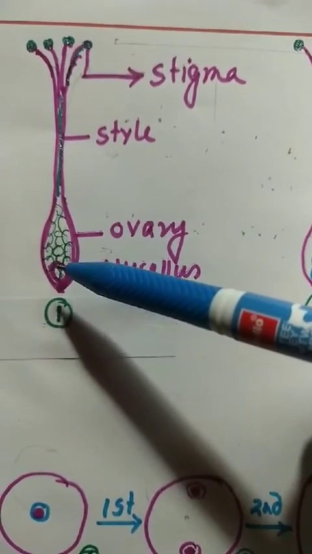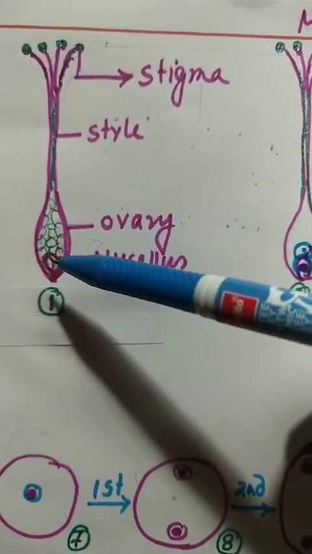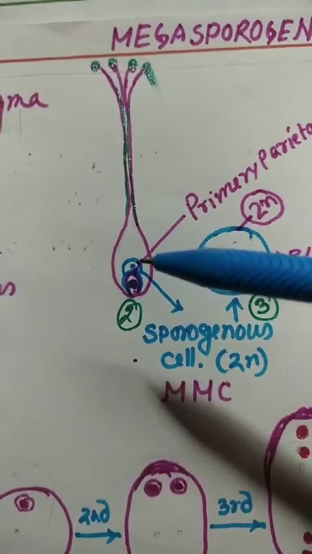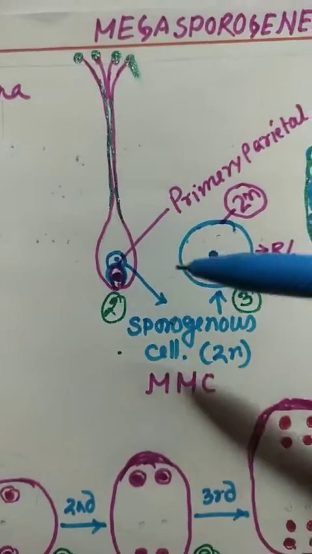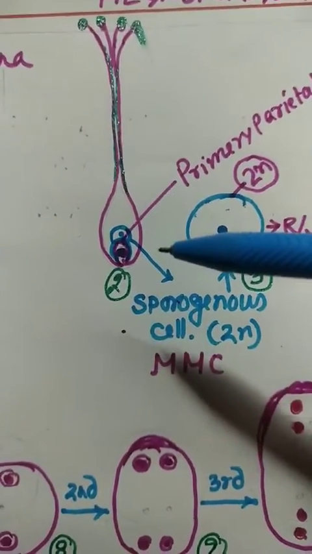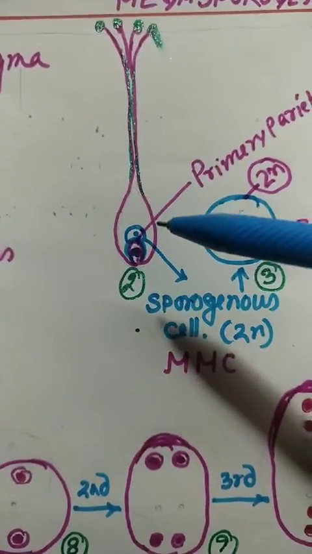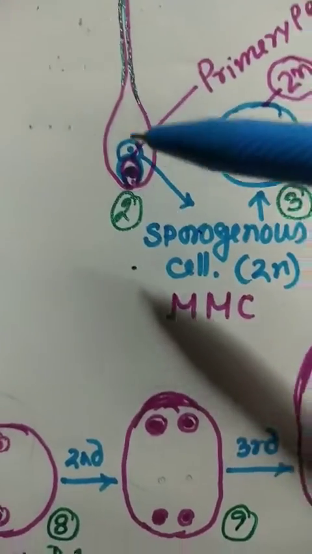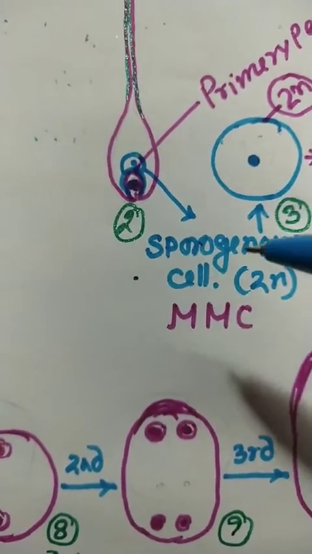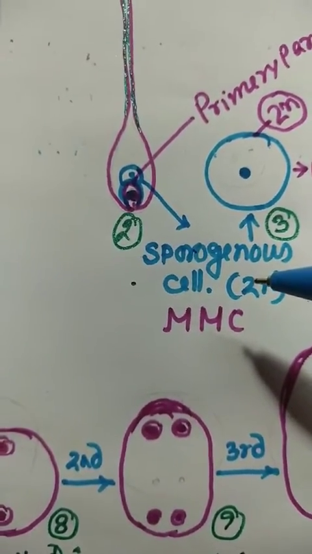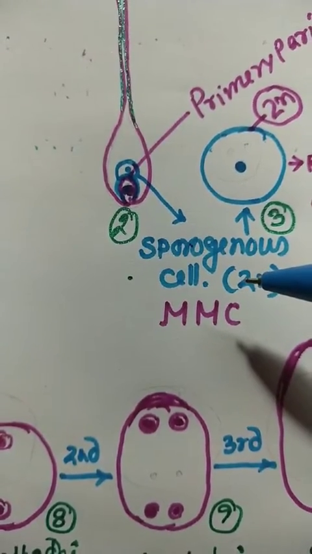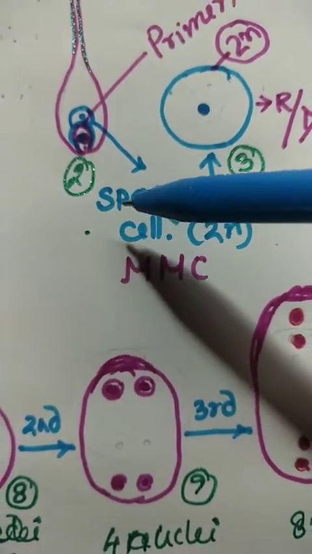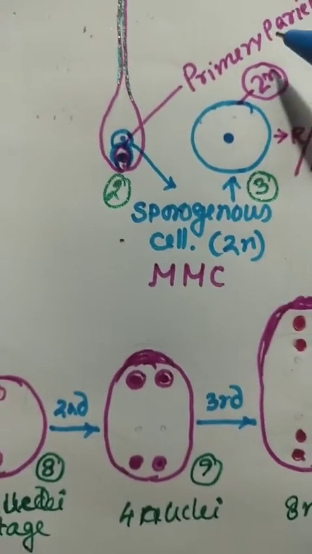This primary archesporal cell grows rapidly and finally divides once mitotically. It is a diploid cell and it will form two cells. The lower one is the primary parietal cell and the upper one is called the sporogenous cell, or primary sporogenous cell.